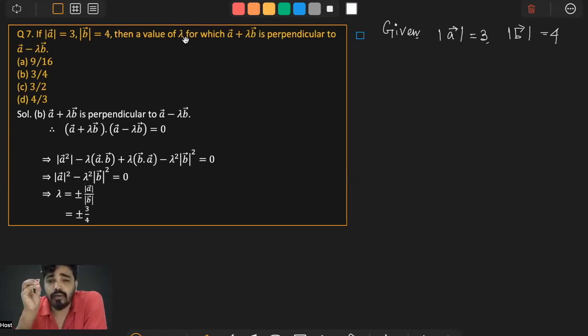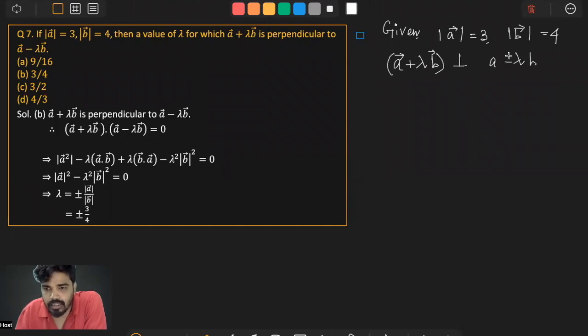Then we have to find the value of lambda for which A plus lambda B is perpendicular to A minus lambda B. So two vectors A and B are perpendicular if A dot B is equal to 0.